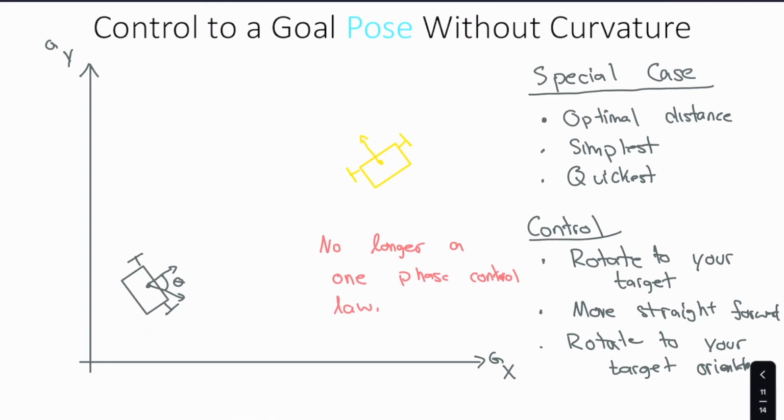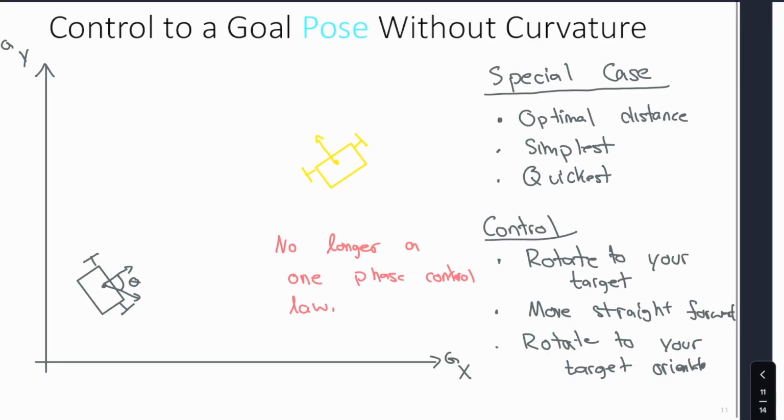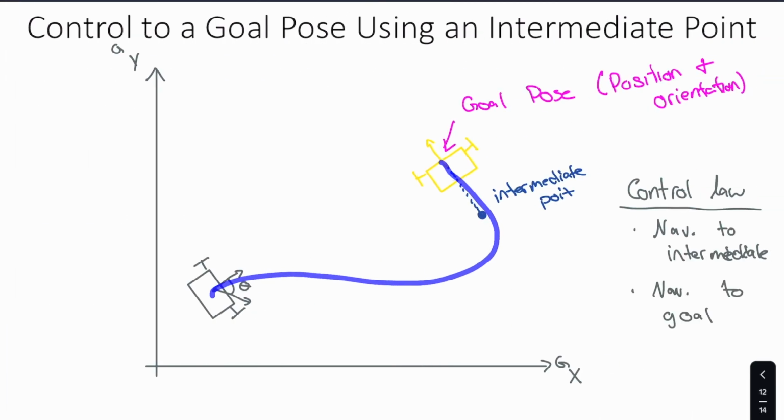It's not different in that one of them is pure rotation and one of them is pure translation. Instead, it'll be some sweeping path, sort of like this. And again, this distance here is parameterized by R, which has to do with how tight do you want to turn.